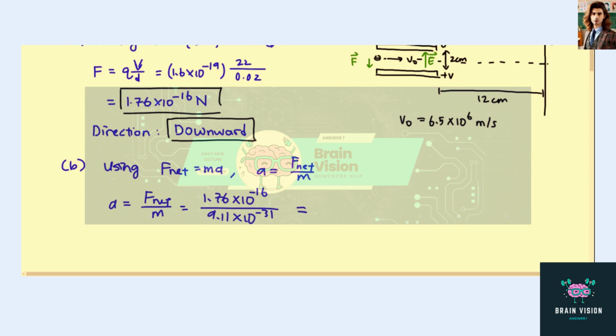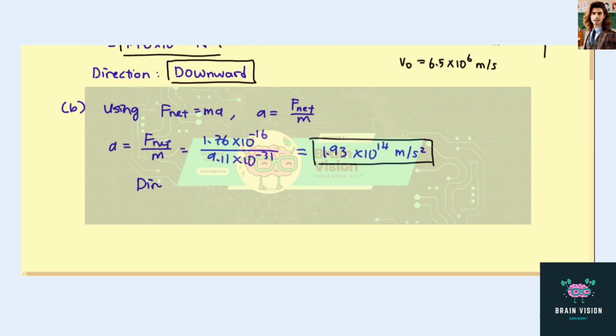You calculate this, you get 1.93 times 10 to the 14 meters per second squared, and then the direction is also downward, follows the direction of net force.